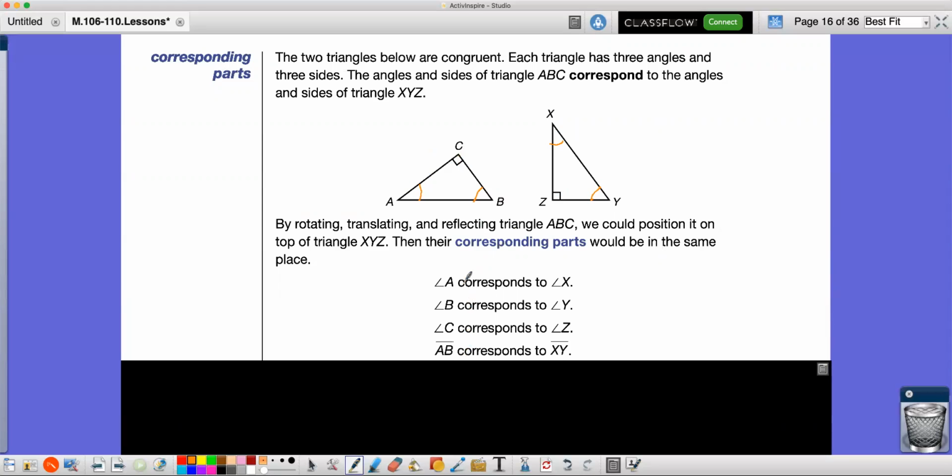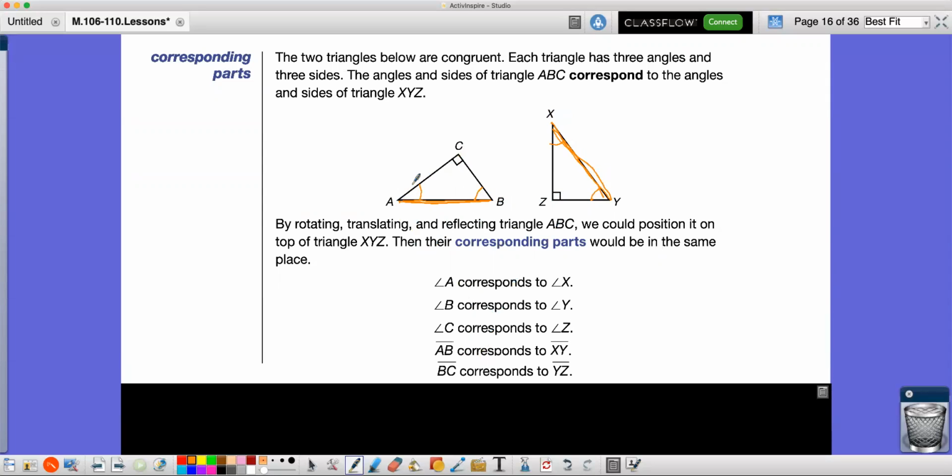You can also tell that line segment AB, that's from here to here, corresponds to line segment XY. That's this line segment. Line BC corresponds to line ZY or YZ, or line segment.